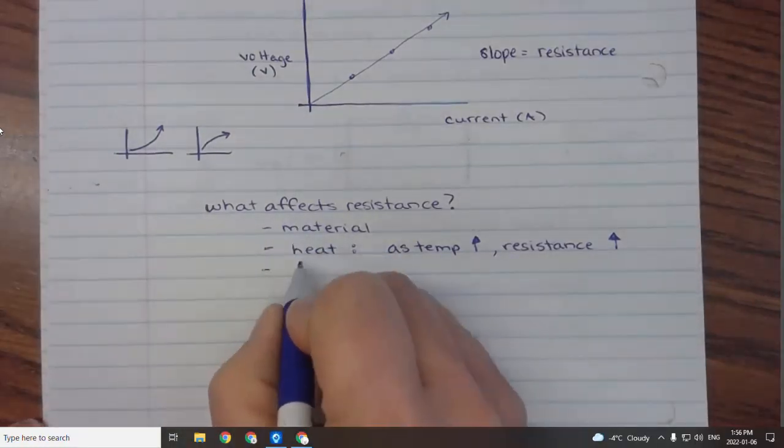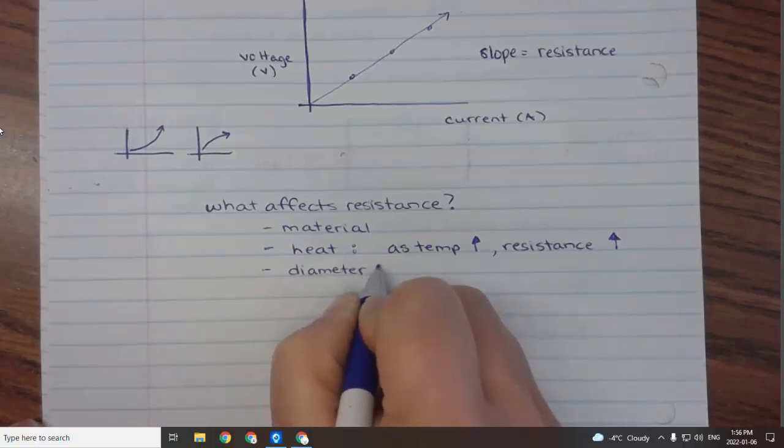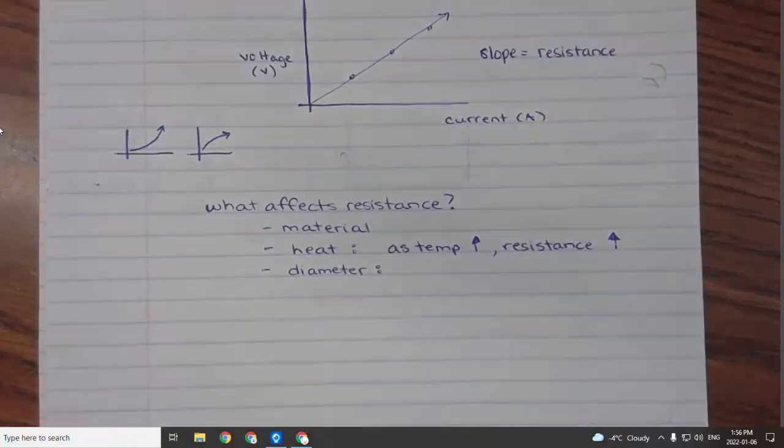The next one to think about is diameter. So the hallway is a certain width, and if your hallway got wider, it would be easier to get to your locker because you would have more space to walk through.